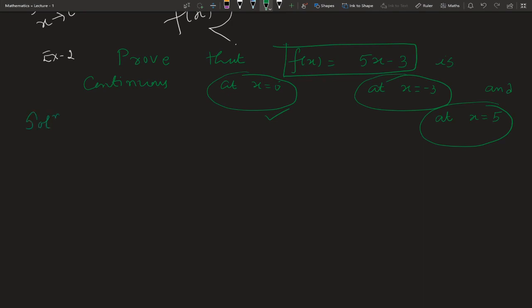Solution: we can say that at x equal to 0, f of x is a polynomial function defined as 5x minus 3.